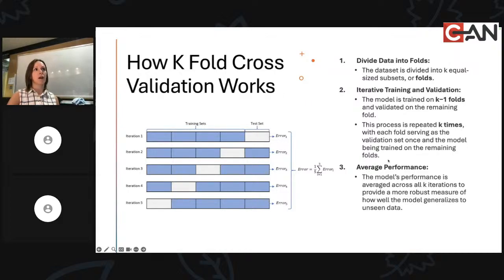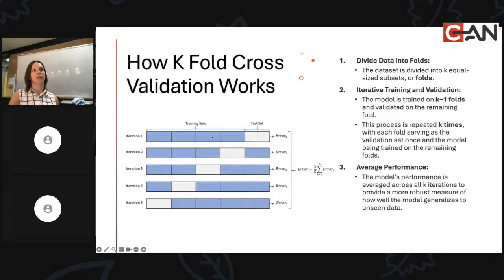So we complete this K times. So if I tell you, hey, you're using K-fold validation where K is equal to 5, how many errors are output before you average those errors? It would be 5.